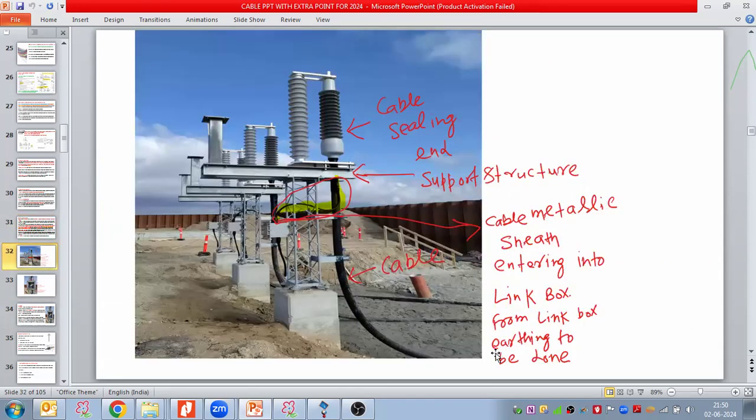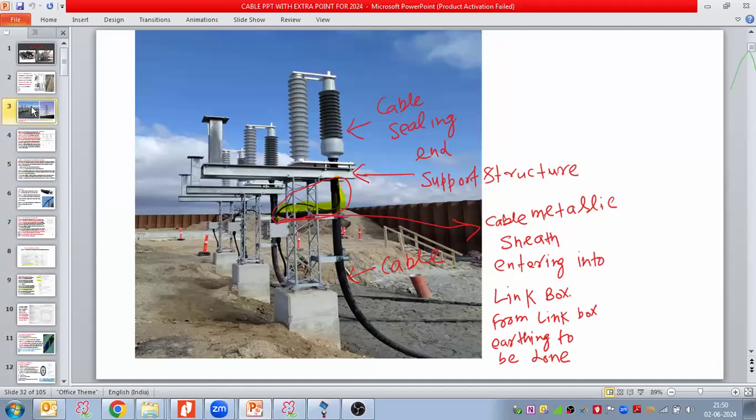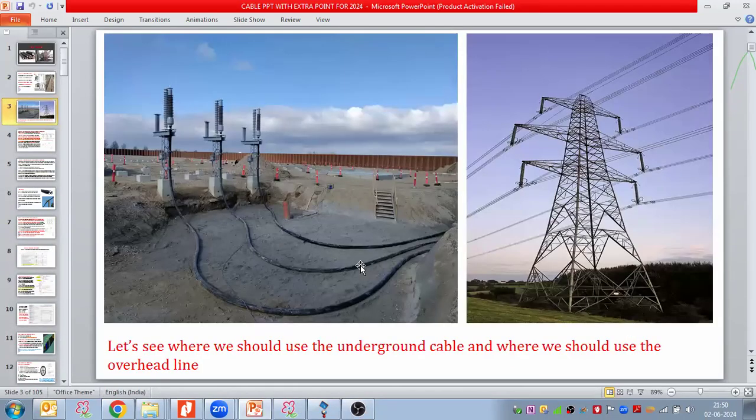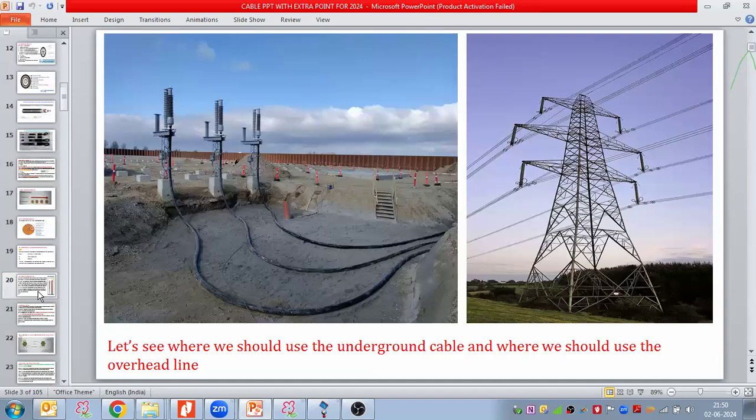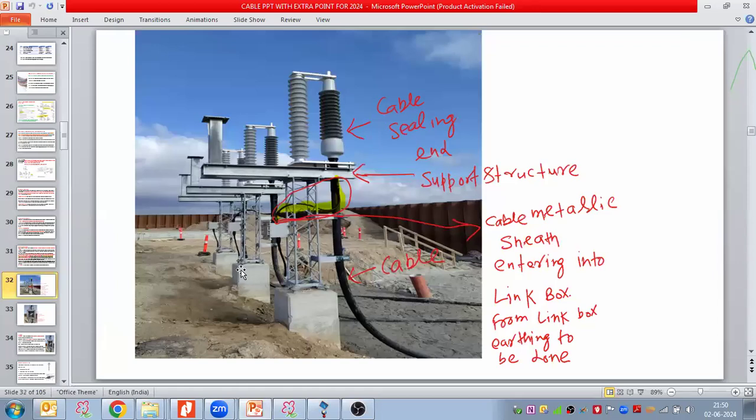Now you can see the underground cable coming, as we already discussed, and this underground cable is terminating at the substation at one end. When it is terminating, what equipment is used?